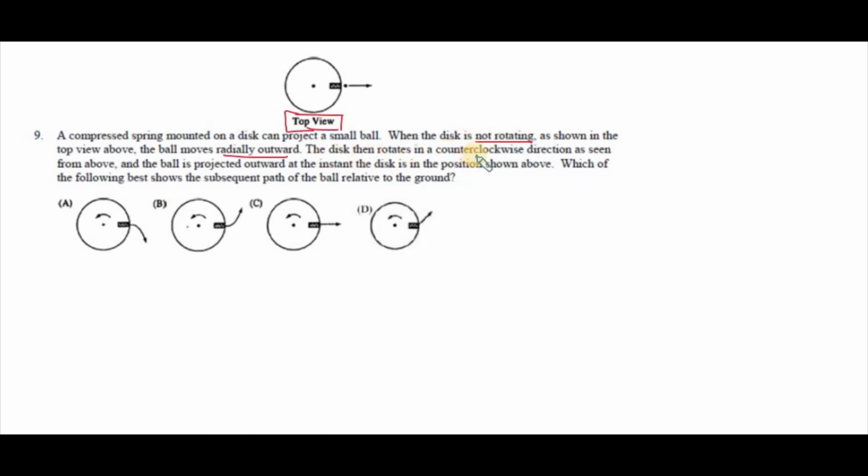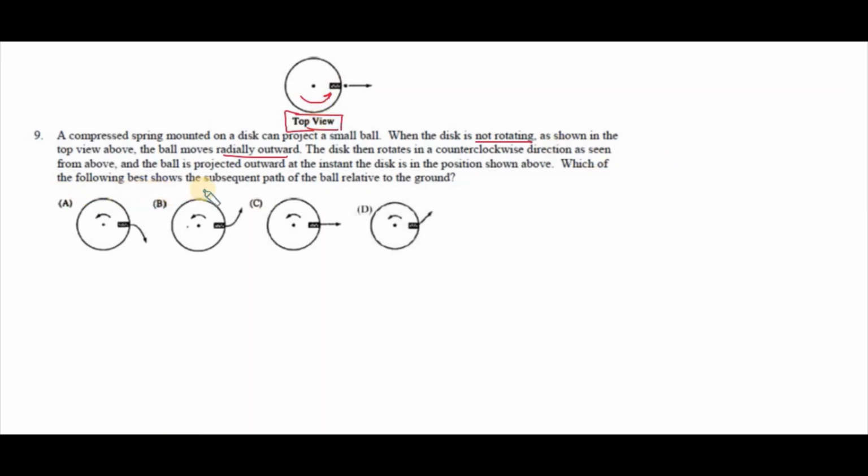Now the disc rotates in the counterclockwise direction, as seen from above, and the ball is projected outward at the instant the disc is in the position shown above. The next 4 options are also given corresponding to the positions of the first one, but with the disc rotation.